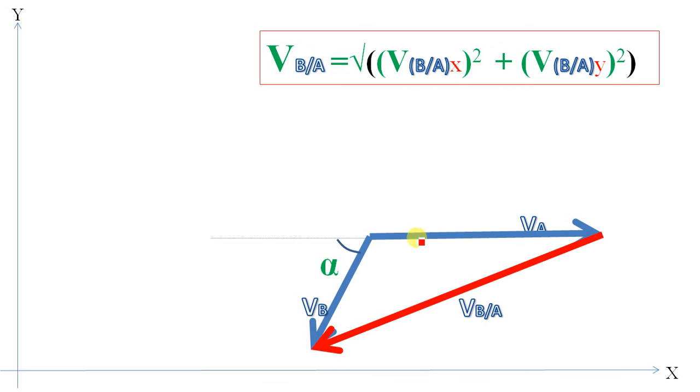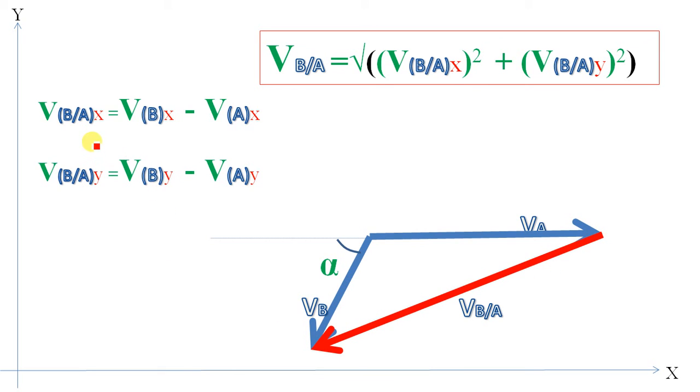Okay, so again I will explain here. The relative velocity of B with respect to A is equal to the square root of Vbax square plus Vbay square. So this is Va, this is Vb, and this is the relative velocity of B with respect to A. Now what is Vbax? Vbax is Vbx minus Vax, and Vbay is Vby minus Vay.